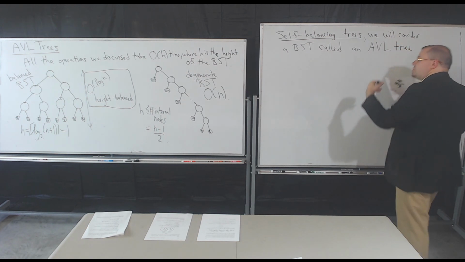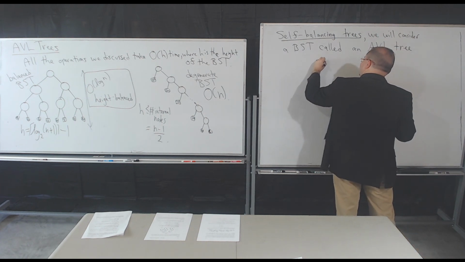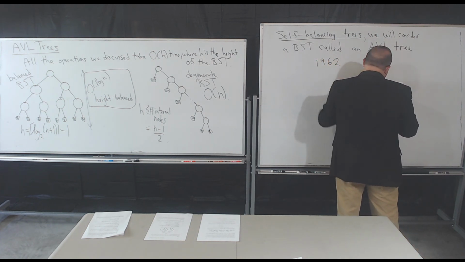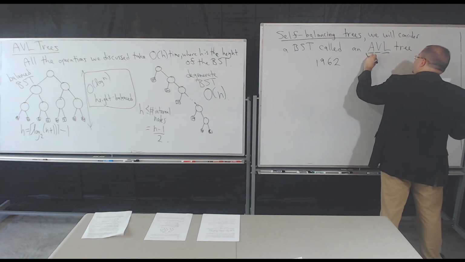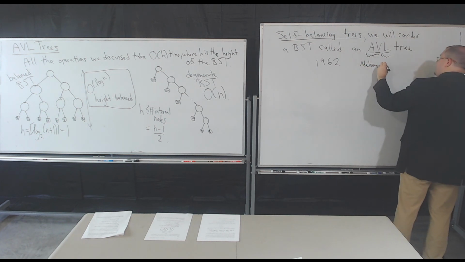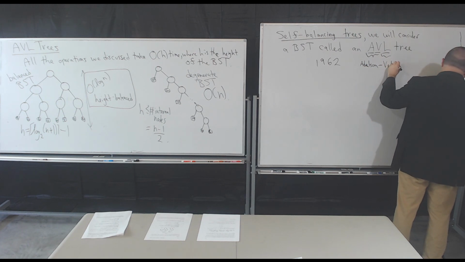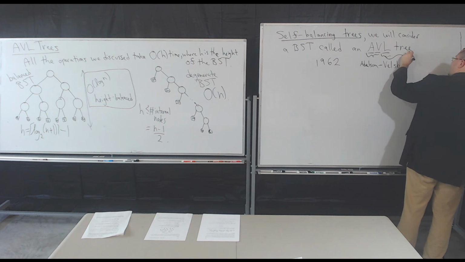Now, just for a little bit of perspective here, the AVL tree is something that's from about 1962. If you're wondering what the A, V, and L stand for, it's Adelson, Velsky, and the second name is Landis.